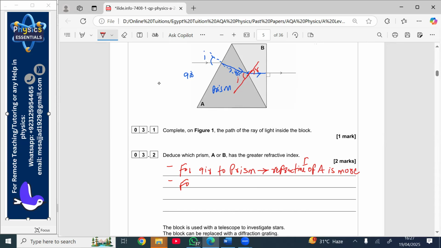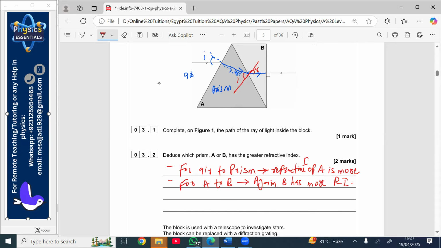And for prism A to B, again, because light is bending towards the normal, in B also it is bending towards the normal. So you will just say again, B has more refractive index. Okay.